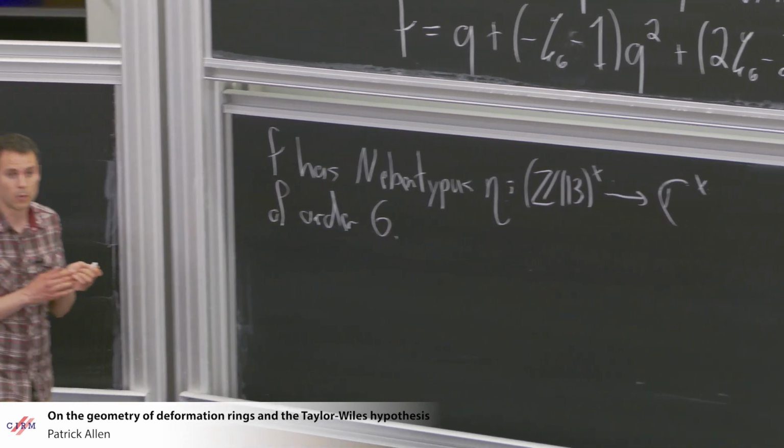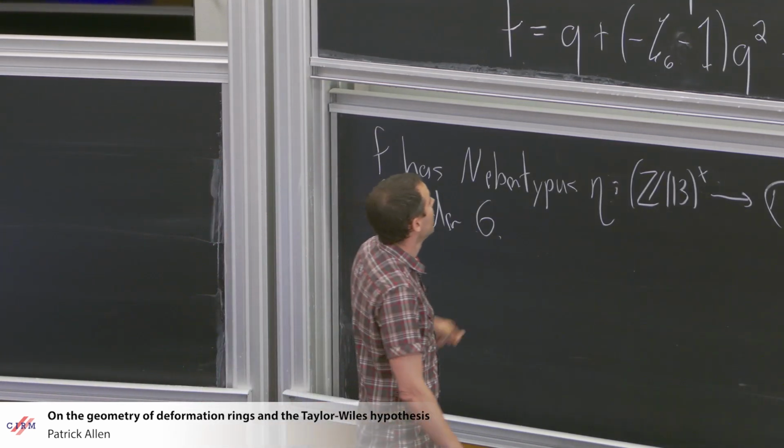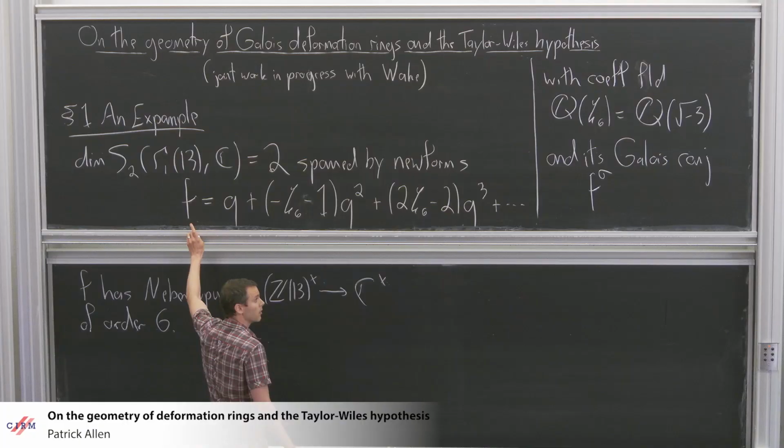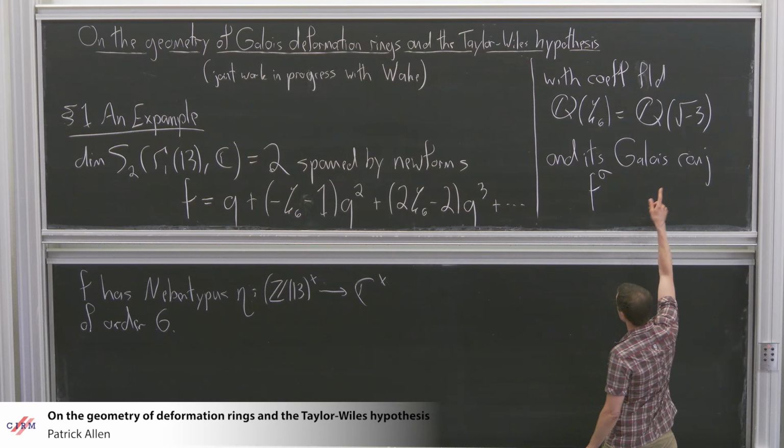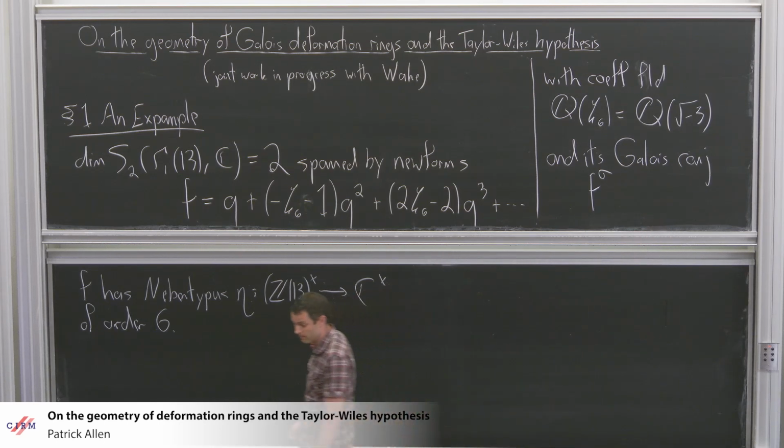Okay, and what I want to do now is I want to consider the mod 3 Galois representation associated to this F. So take the reduction modulo the square root of minus 3.